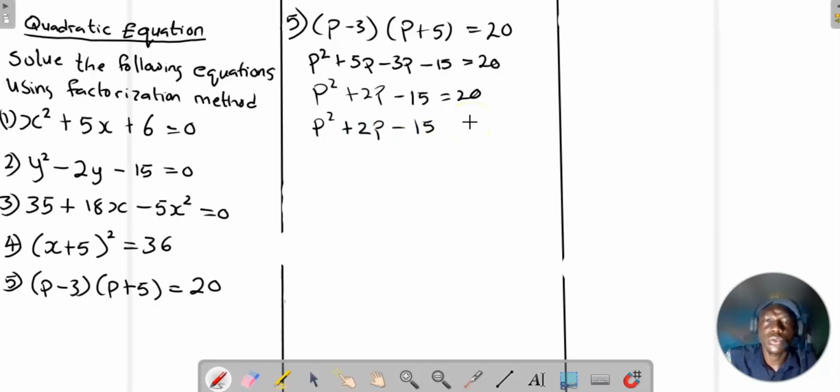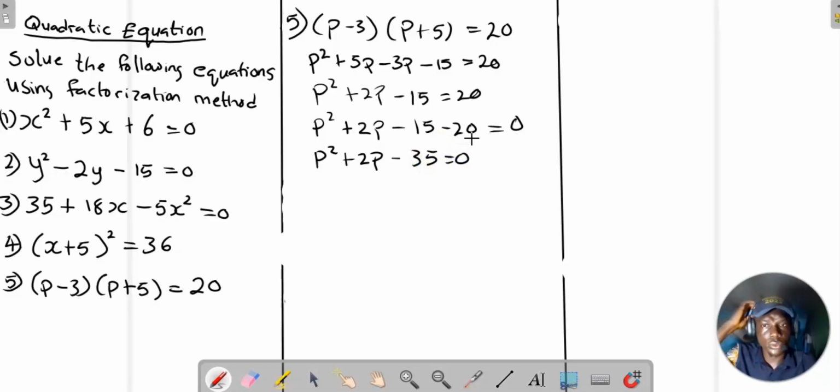When you cross your 20 over to the other side, it becomes minus 20. So that's minus 20 is equal to 0. So you have p squared plus 2p minus 15 minus 20, that gives us minus 35, is equal to 0.